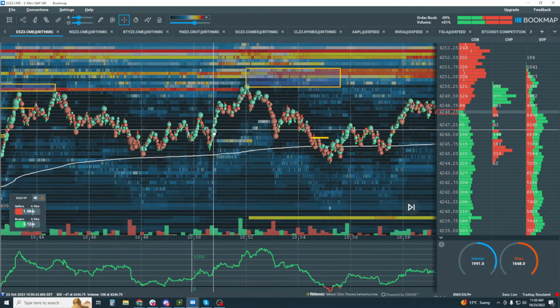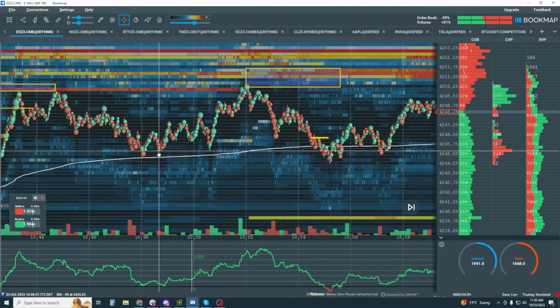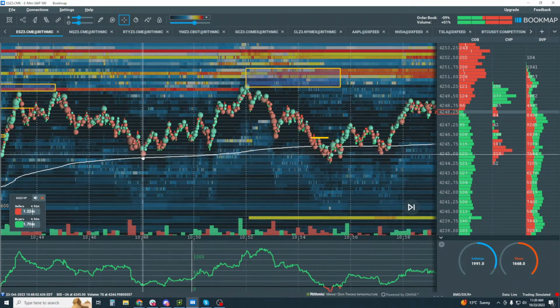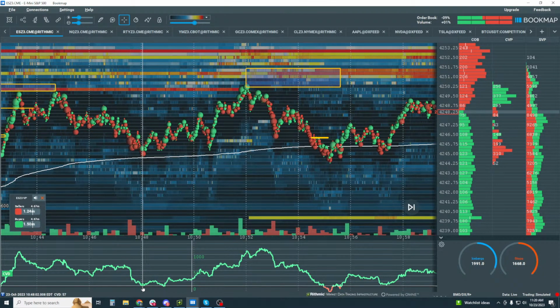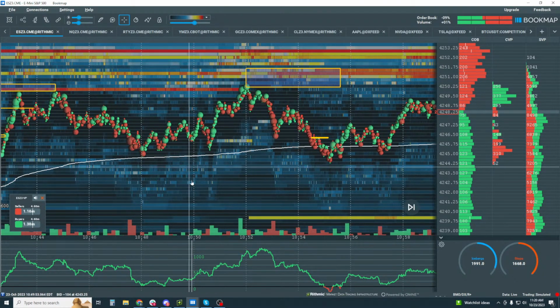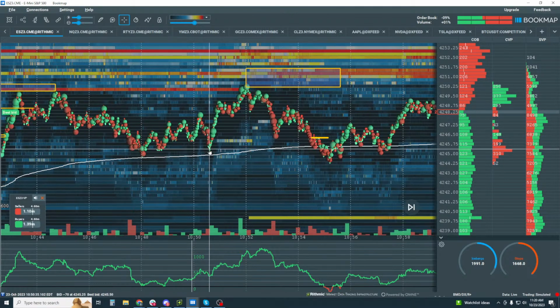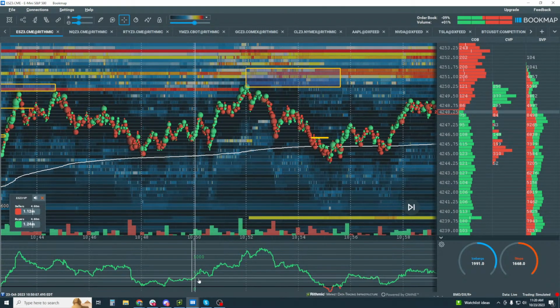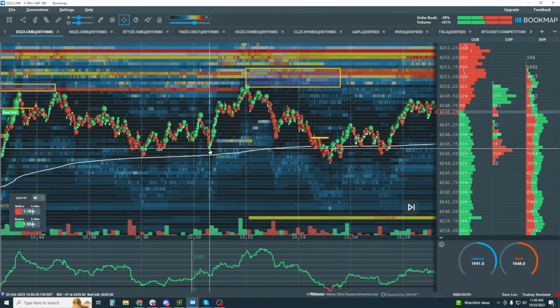I would wait for these buyers to come back in, but this is the idea with cumulative volume delta, the swings. The swing low is here, and then all of this buying in here and this little bit of selling in here. There's more buyers in cumulative volume delta here, right? So this is just a quick pullback, and you're looking for buyers to come back in.